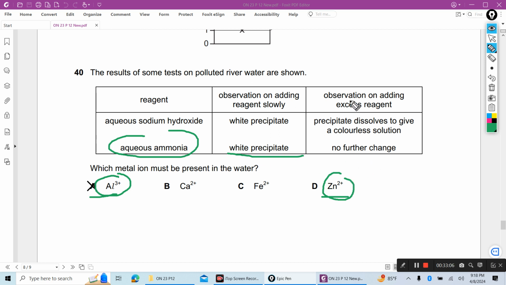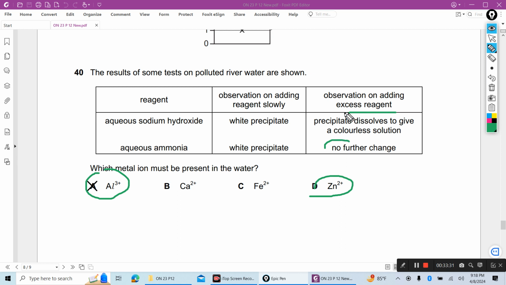Now if you add excess ammonia, there are no further changes. So the answer will be A, Al3+, because zinc hydroxide reacts with excess ammonia to form a colorless solution, meaning it dissolves. If it were zinc, the white precipitate would dissolve in excess reagent to form a colorless solution.